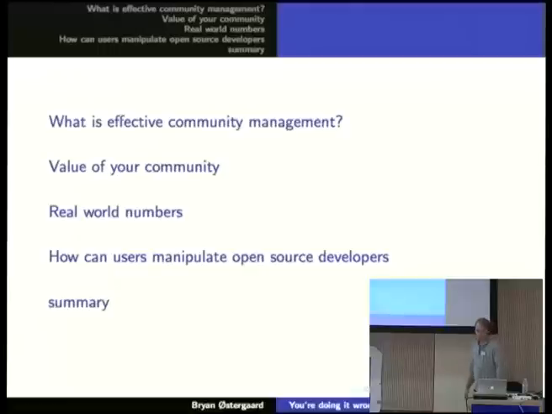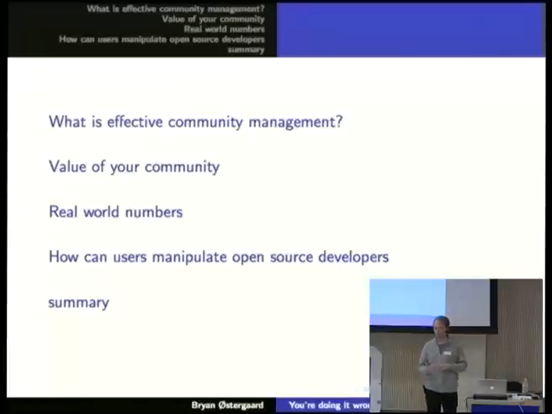So the things I'm going to talk about is, first of all, what do I mean when I say effective community management? Because effective community management is what I'm going to talk about. I want you, as members of various open source projects, to get as much from the communities as you can.